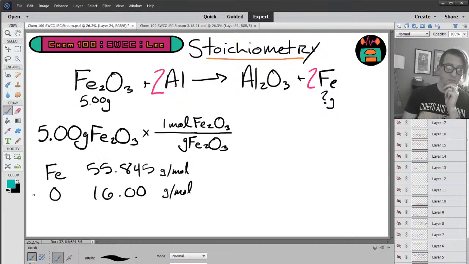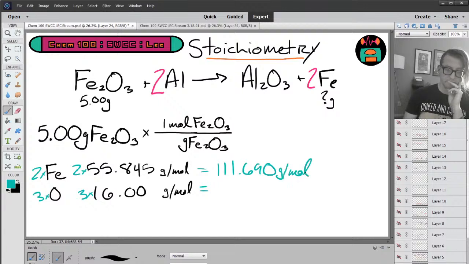We have 3 oxygens and 2 iron atoms in this molecule, so we have to multiply these. 55.845 times 2, and then 16 times 3 is 48.